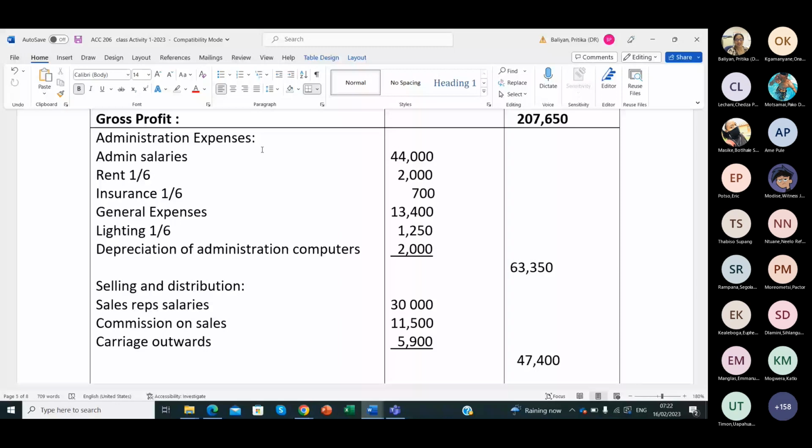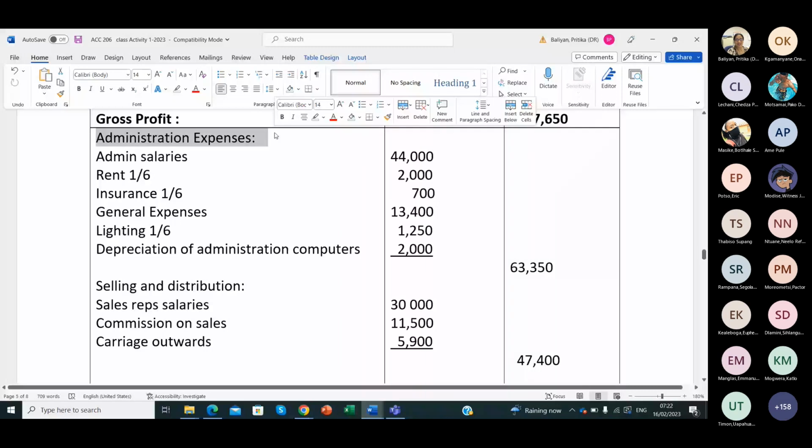But to make your income statement easier to understand and easier to calculate, we classify the expenses into various categories like administration expenses. So we account all the administration expenses here. Then we also talk about selling and distribution.